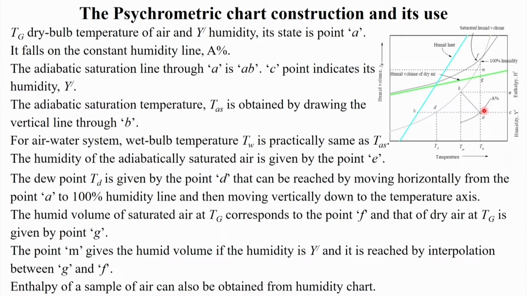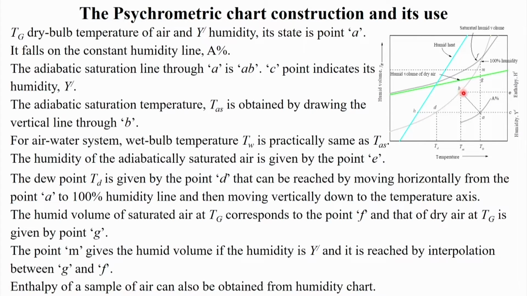Then we can move up to the percentage saturation, and the junction point will be A. Now, the adiabatic saturation line will go through A to B like this, because all the adiabatic saturation lines follow this line. Now, we reach point B, where it is the 100% humidity line.